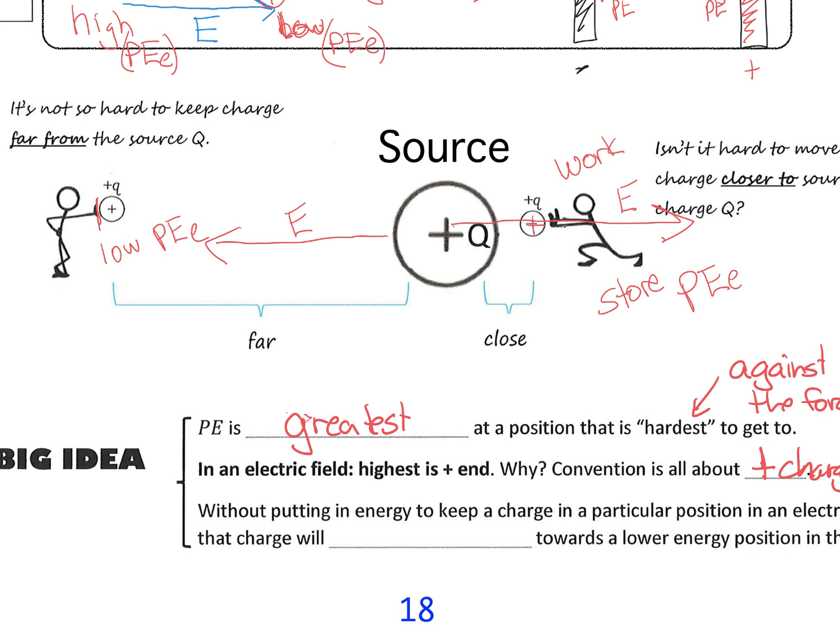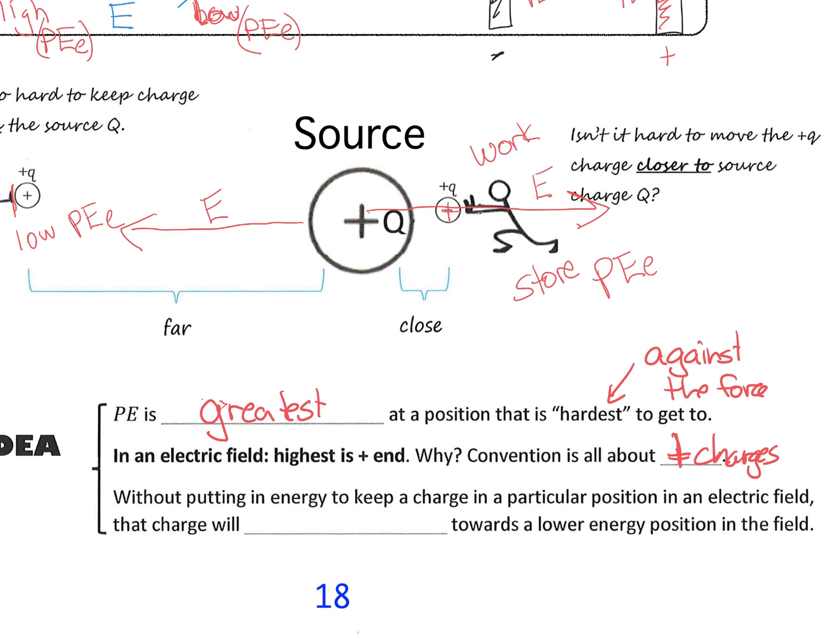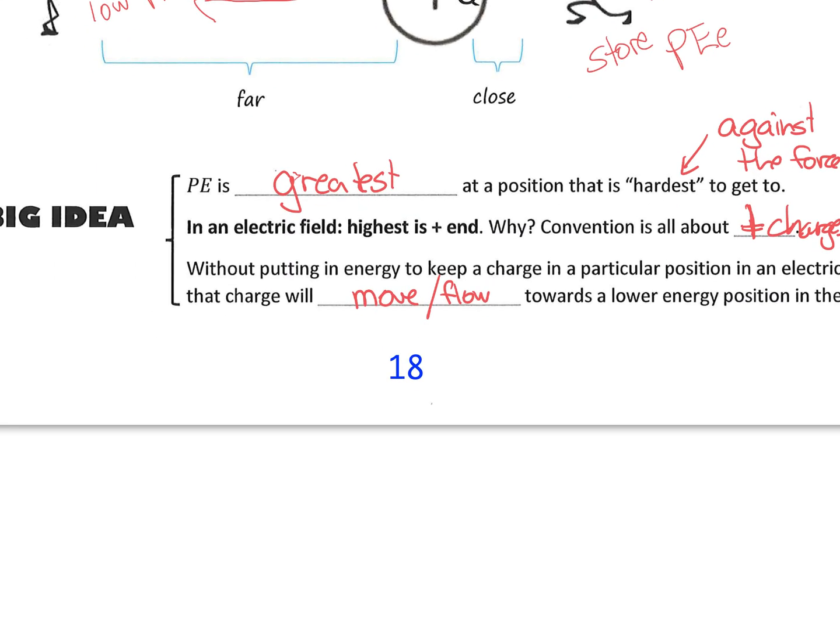Maybe you've heard that electricity is electrons, but the convention, the original thinking developed over 200 years ago, was that it was based on positive charges. So the positive end is high energy. Without putting in any energy to keep the charge in position, the charge will move or flow toward the low energy position. So positives move from the positive side toward the negative side.